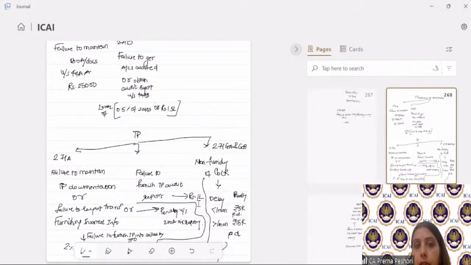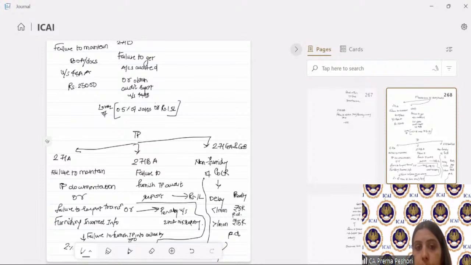This is under section 271GA and GB. And this was under section 271BA. Is that clear? So this CBCR has very, very hefty penalties.